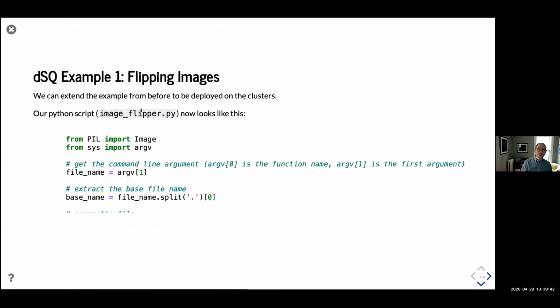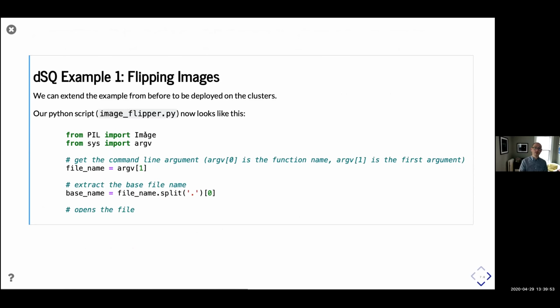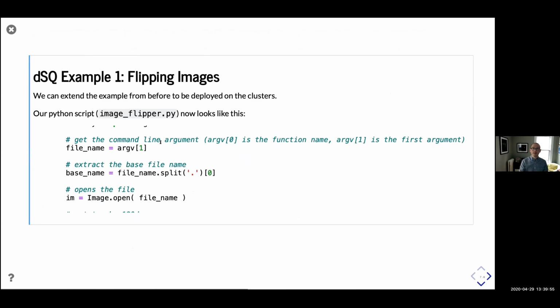But in this case, we're going to create it as a script. So we're going to have a file that's called imageflipper.py, and it's a standalone script. So it imports the various tools that we need, and it gets the argument, so a command line argument, in this case argv. argv of 0 is the name of the function, and then argv of 1 is the name of whatever argument is passed to it.